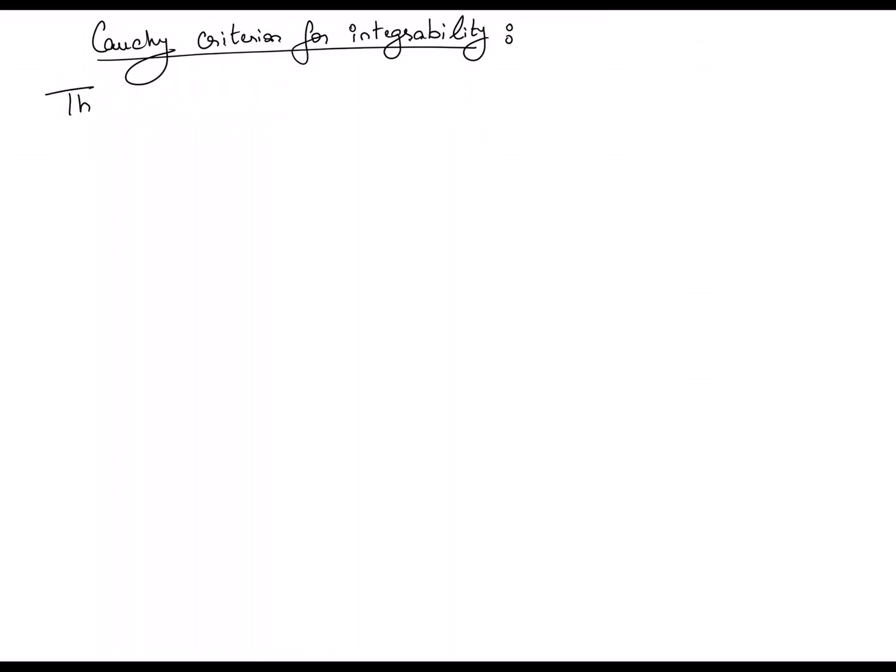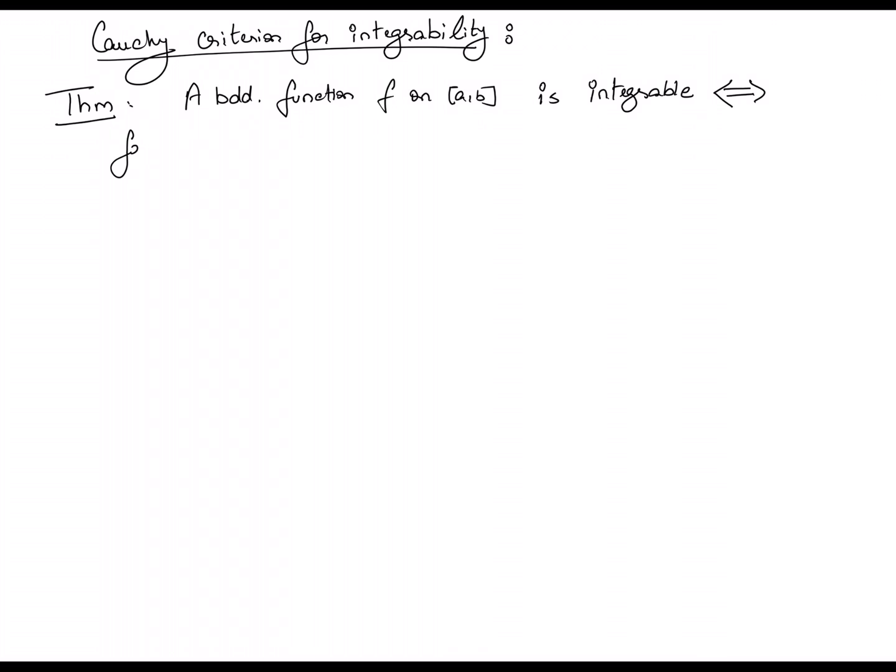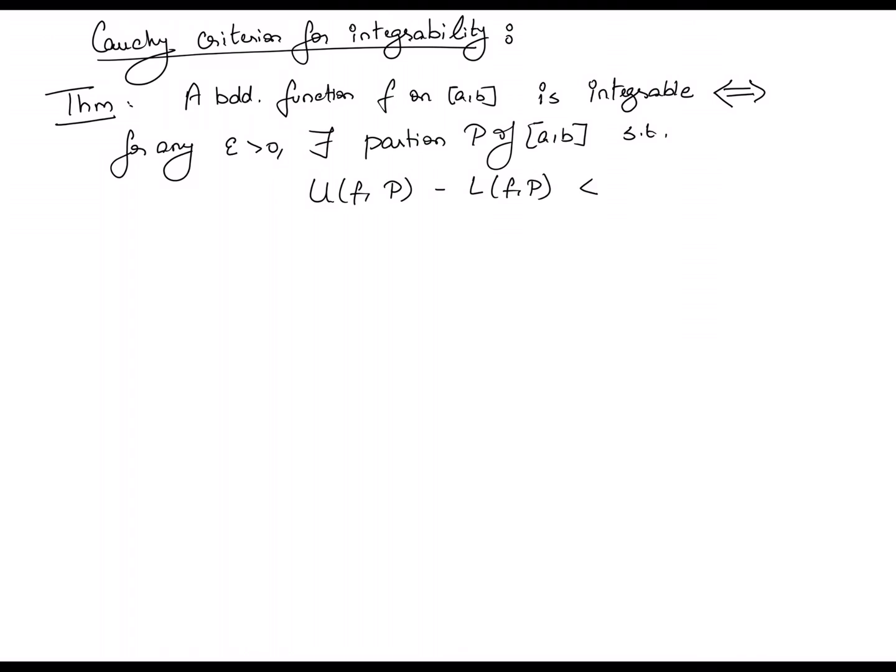Okay, so theorem: a bounded function f on AB is integrable if and only if for any epsilon greater than 0 there exists a partition P of AB such that the gap between the upper sum and the lower sum is in fact less than epsilon.